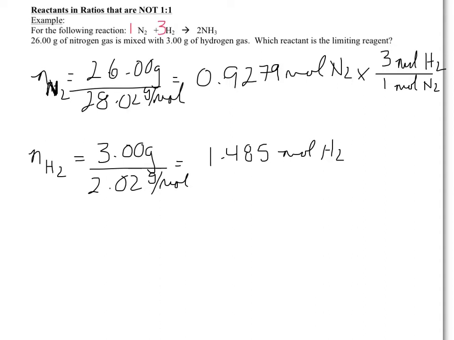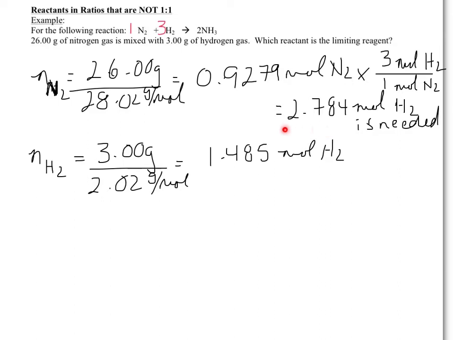So you do this math. You go 0.9279 times 3 divided by 1, and what you should end up getting is 2.784 mole of H2 needed. Well, now you're ready to compare.